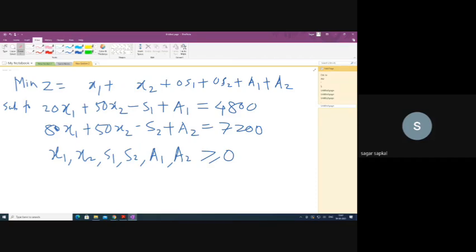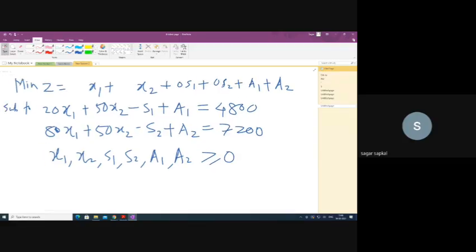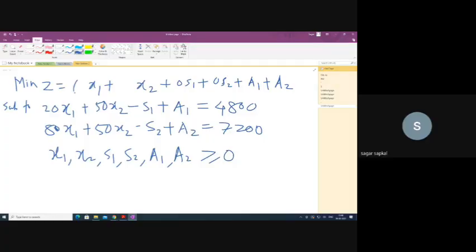When you are using the two-phase method, we are supposed to write these coefficients as 0.